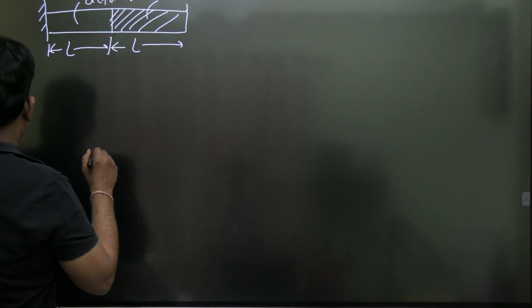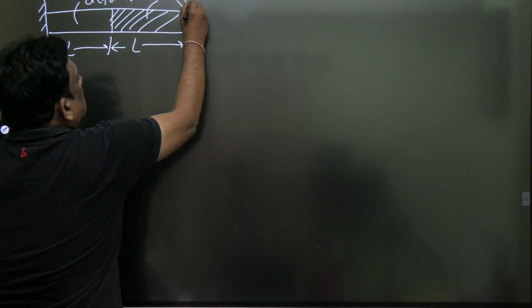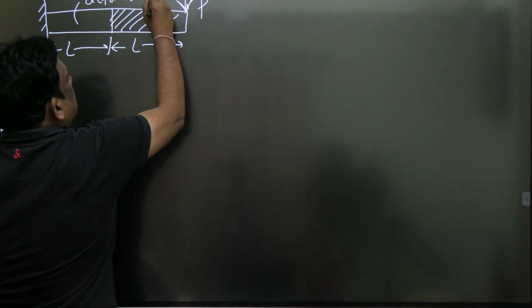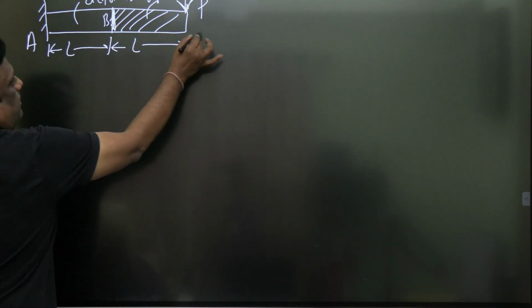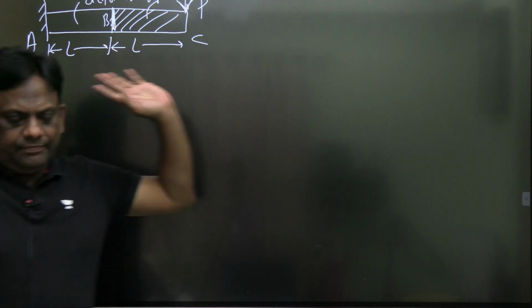There is a load P, and this is rigid. No problem. And he is asking slope at this point. This is A, this is B, and this is C. The total length is 2L.